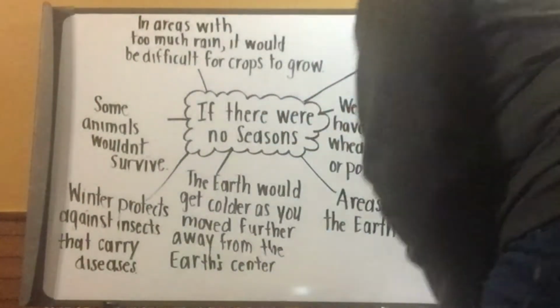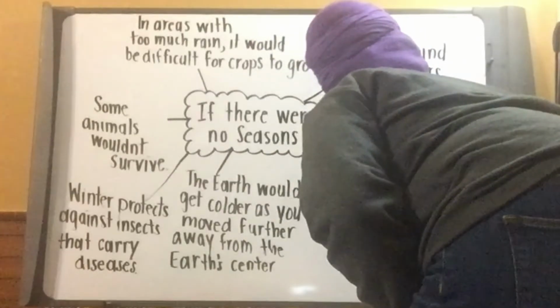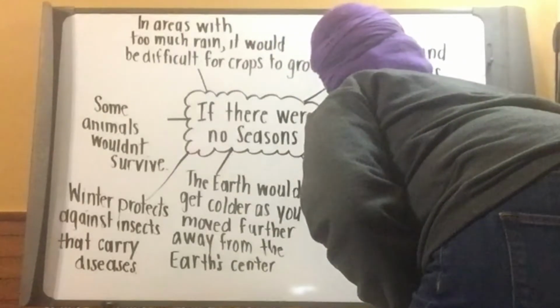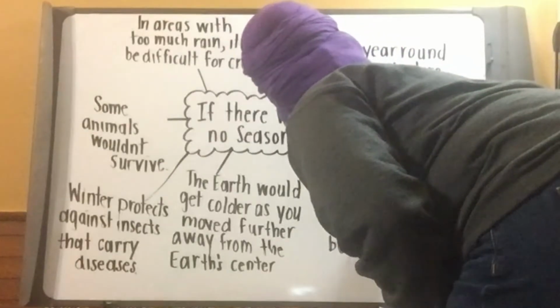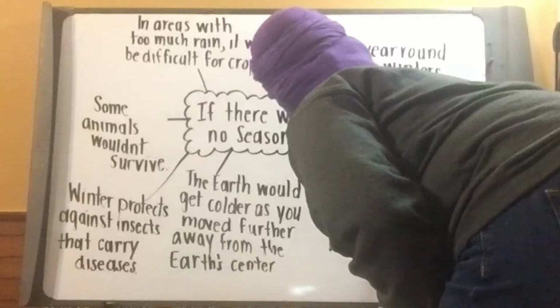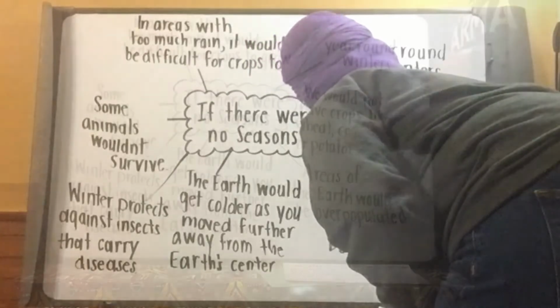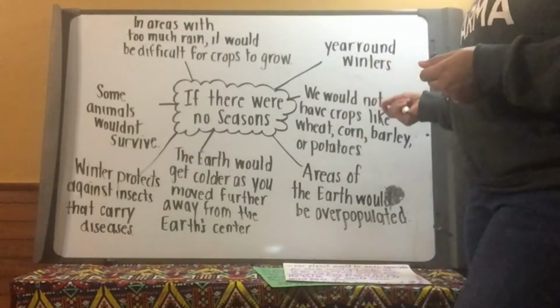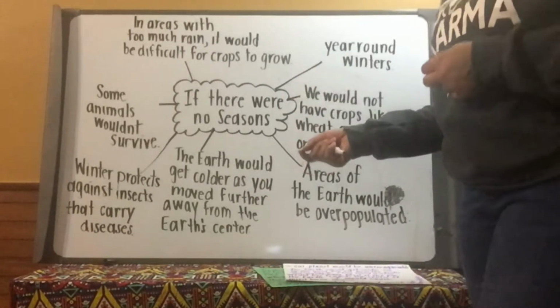That means there's too many people in one place. So Congo, these are some of the ways the earth would be different if there were no seasons.